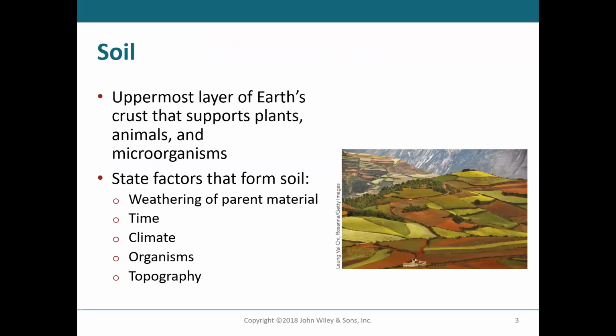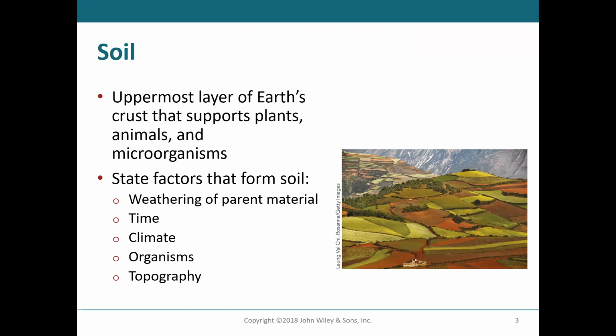Soil is incredibly important, and it is the relatively thin surface layer of Earth's crust consisting of minerals and organisms, as well as organic material that has been modified by water, wind, weather, and those organisms.